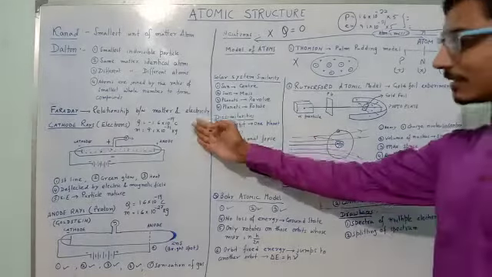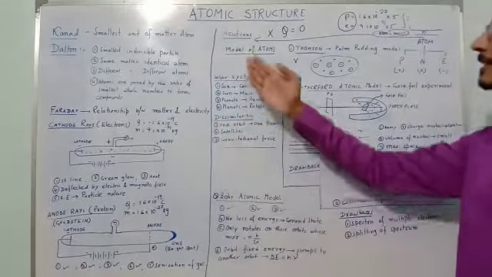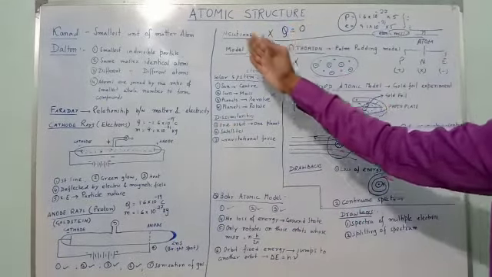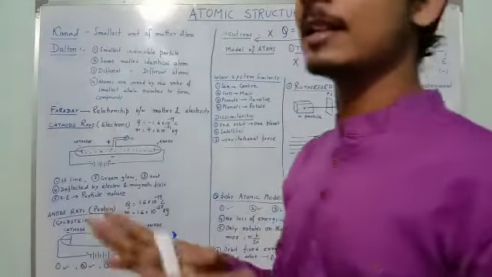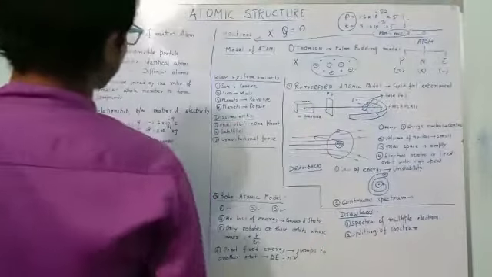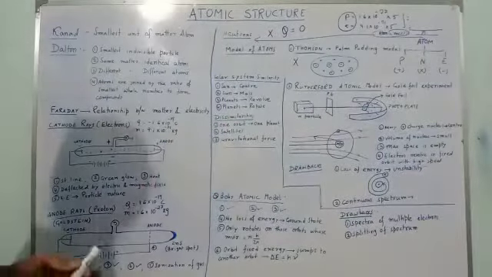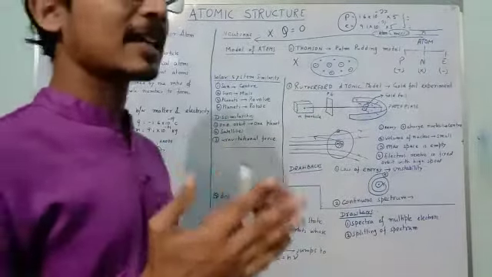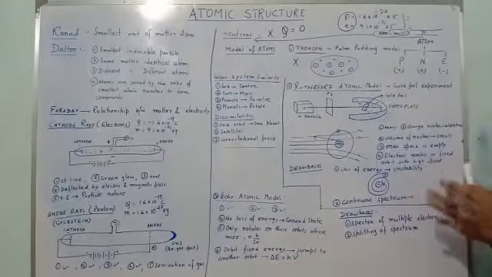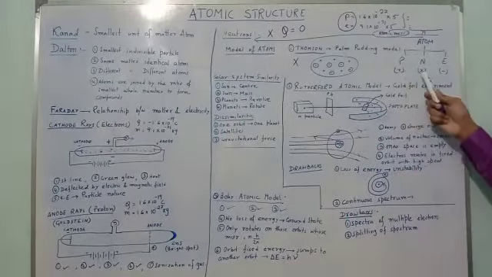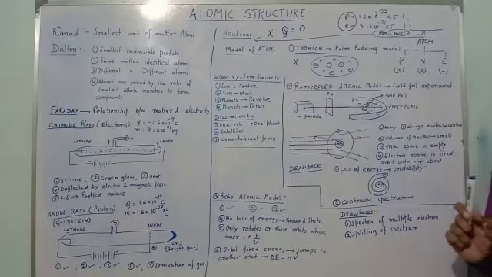But as the charge is already balanced, this third particle is called the neutron because it has no charge; it is neutral in nature. So these three subatomic particles of an atom were discovered: proton, neutron and electron.